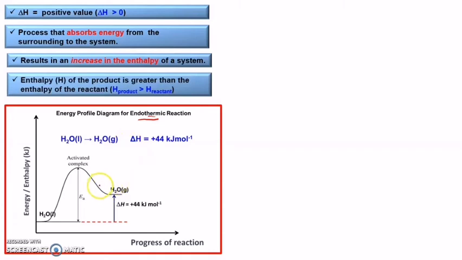So we can have the enthalpy of product is greater than enthalpy of reactant. That's why the shape of curve of this endothermic reaction is product will be higher than the reactant.